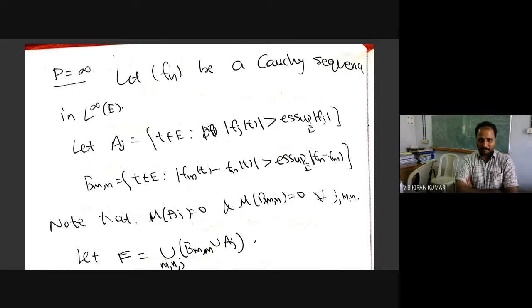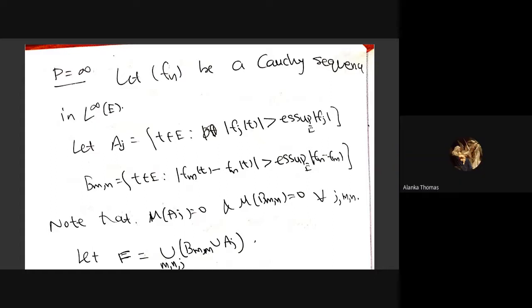What is the reason? Simply tell me what is the reason. Just tell me whatever you feel. Why should the measure of BMN be 0 and the measure of AJ be 0?